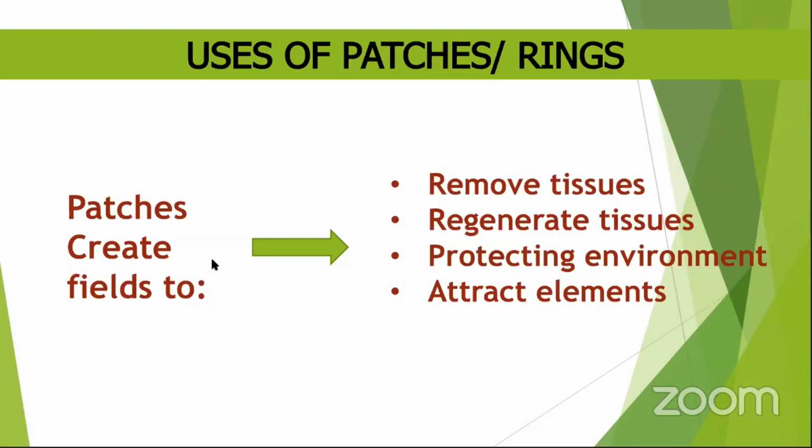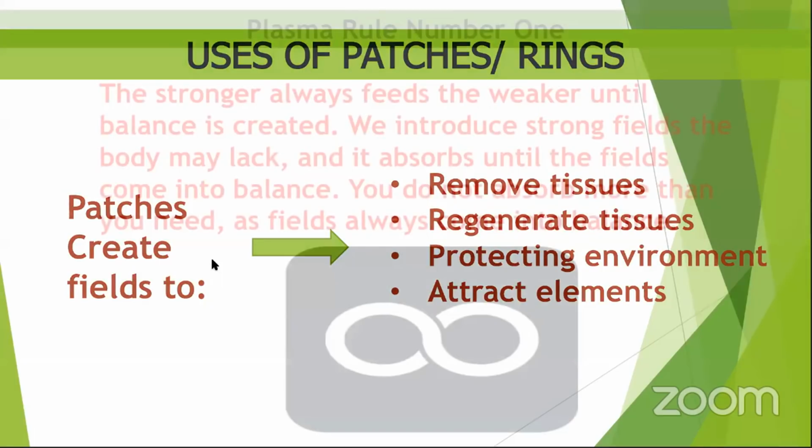If you have a condition like burns, you use different combinations of patches to regenerate tissues on your body, to protect, to create an environment to avoid any problems, or to attract elements. There are different applications of these elements.